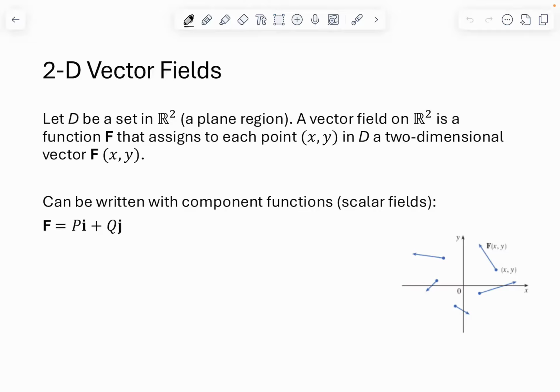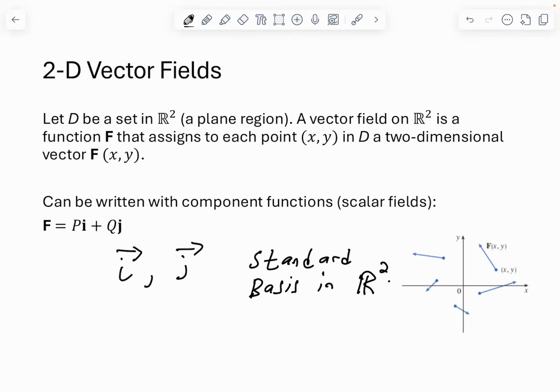Since we're in R2, we have two of those, i and j, both being vectors from the standard basis in R2.